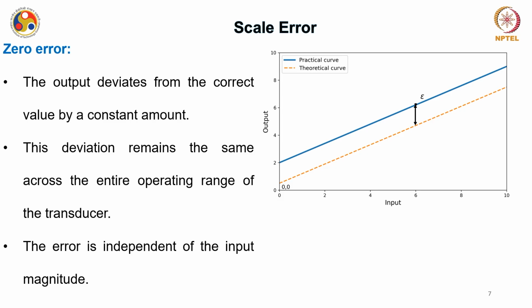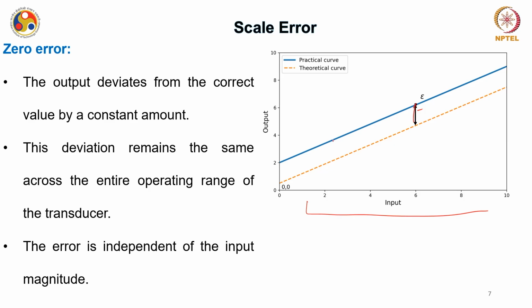First scale error is the zero error. Zero error happens when you have a practical and theoretical curve of input versus output, something like this. If you see this very carefully, you can notice a pattern that the output here is deviating from the correct value by a certain constant. Like this constant here, this epsilon.